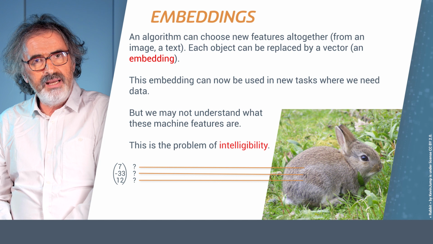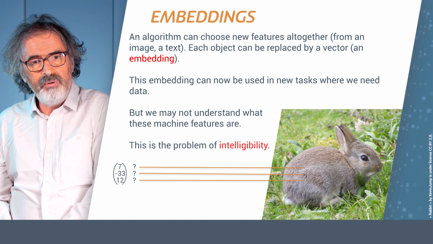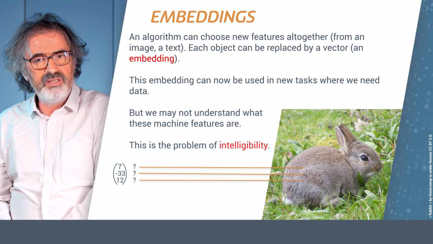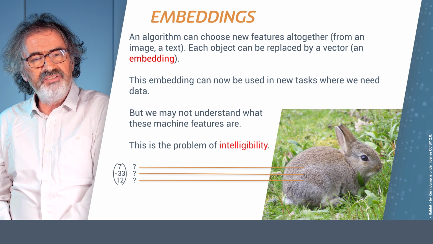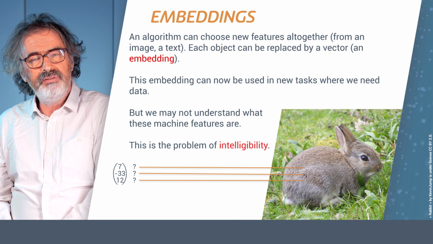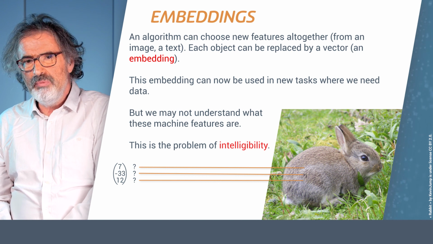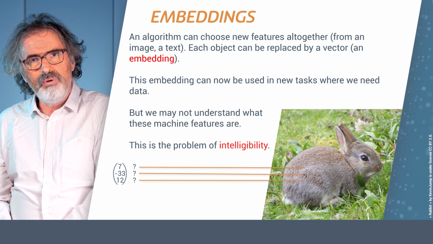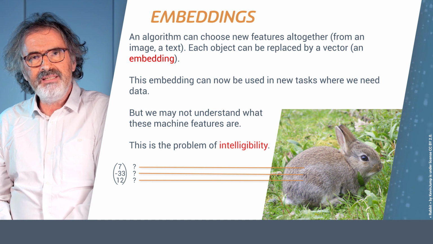There is a problem with that. As we can see in this example, we have some numbers associated with this rabbit. The number 17, the number -33, and the number 12. But really, as humans, we don't know if those numbers mean something.